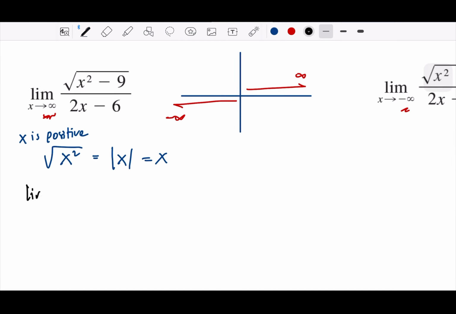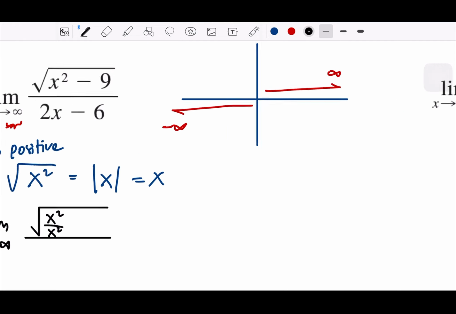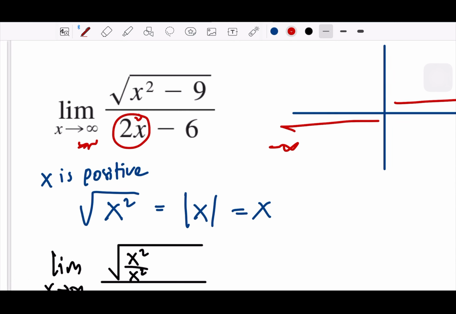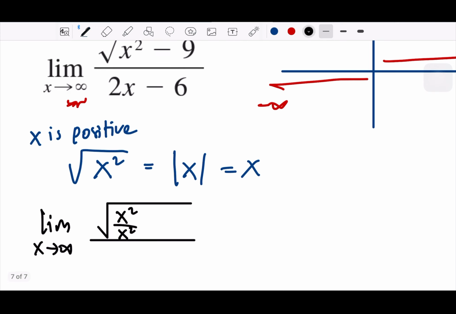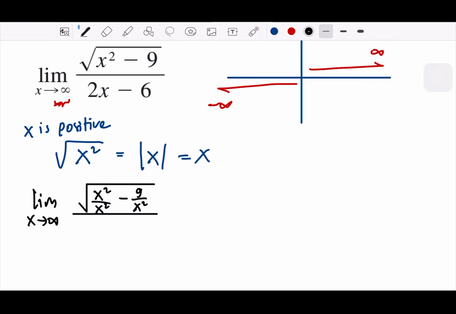Which means if we take this limit at infinity and we want to divide by the highest degree, the highest degree is just 1. This is 1, right? And this is also 1 because of the square root, okay? Now we take that and we write that, and 2 and 6 over x, okay?